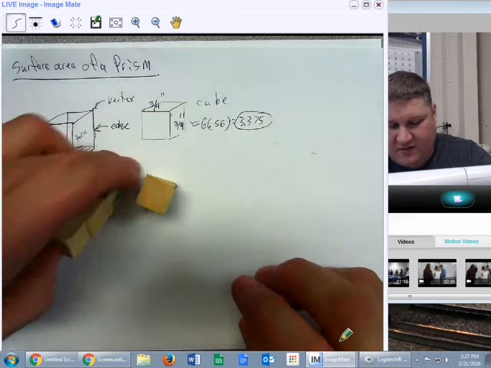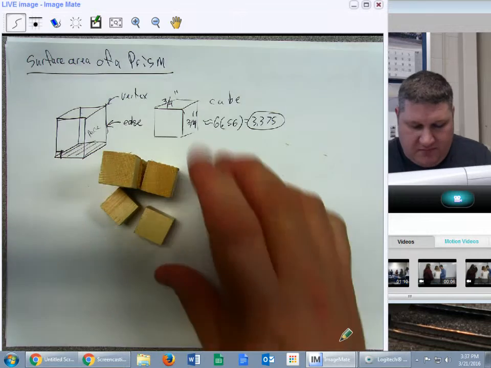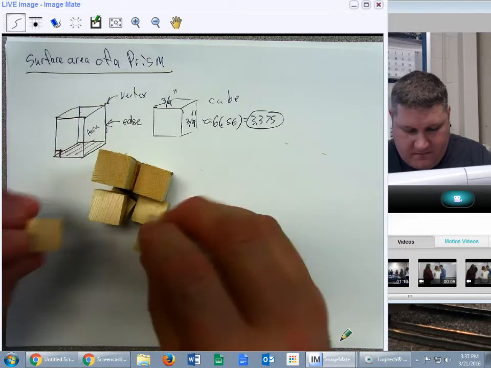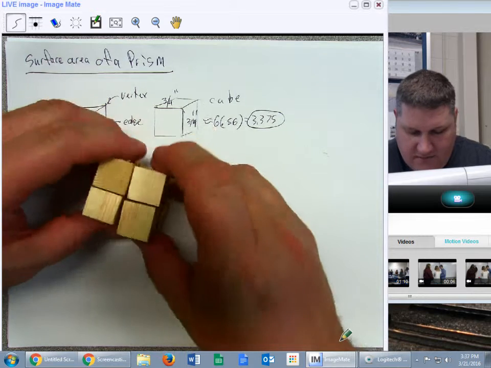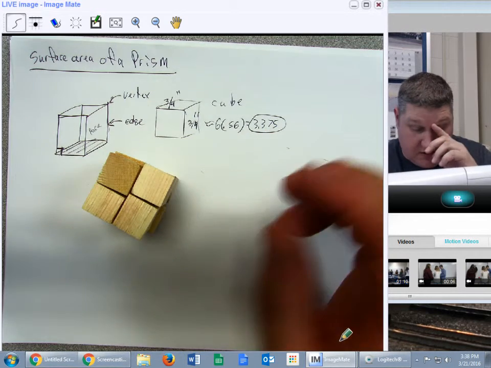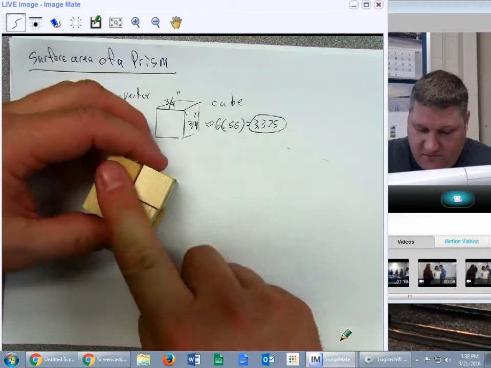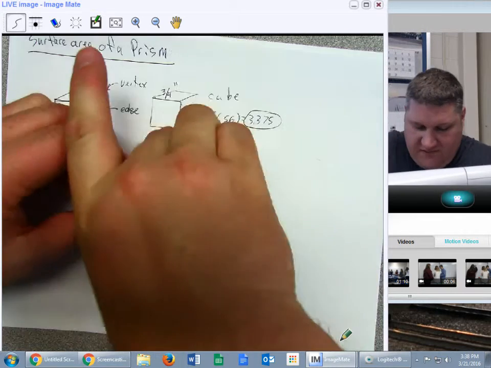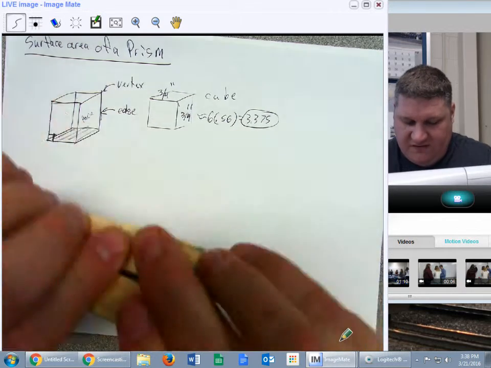But if I have a more complex shape, something in this ballpark, now I have all sorts of different things going on here. In this case, I'm going to have a face with 4 units, a face with 6 units, another face with 6, and another face with 6.